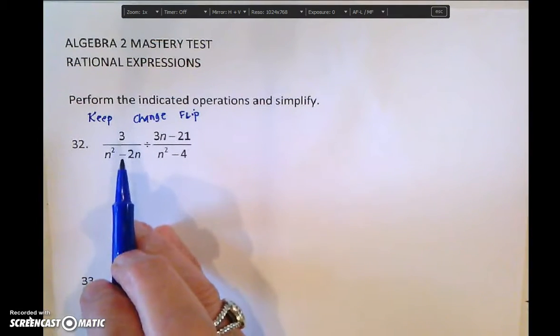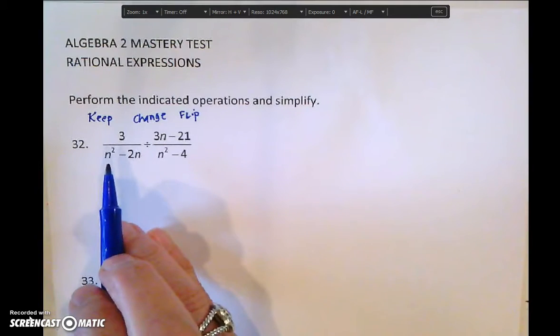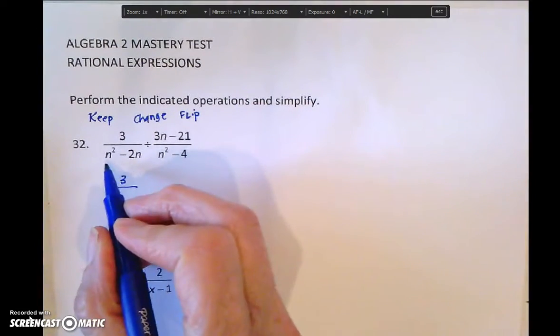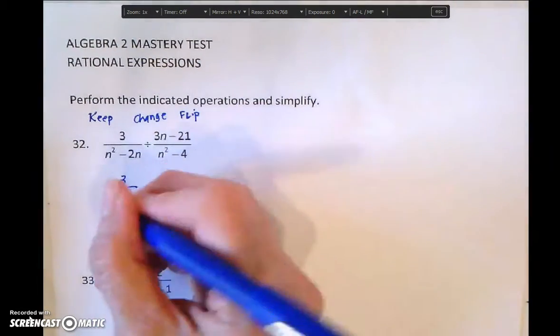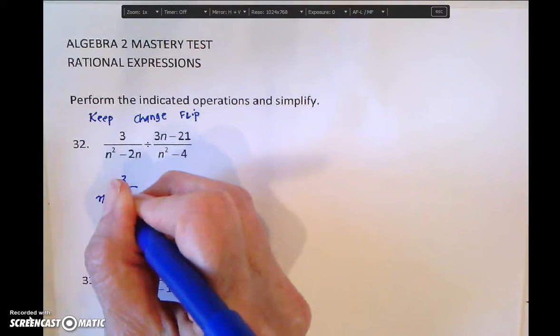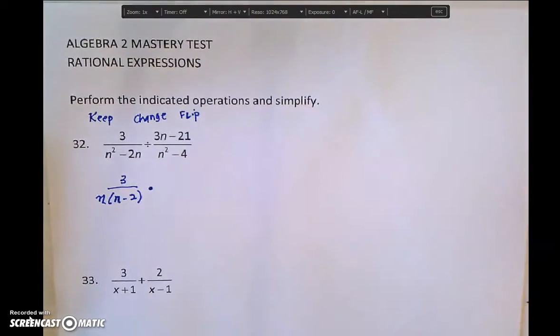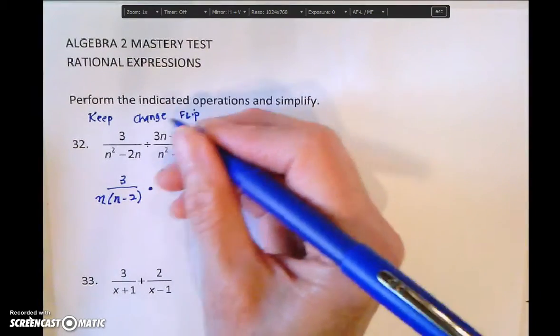As we do this, I'm going to factor so that we have this in a form that we can reduce. So I'll have 3, and then the denominator has a GCF of n, so I'm going to factor out the n and be left with n minus 2. I'm going to change my division to multiplication, and I'm going to flip.